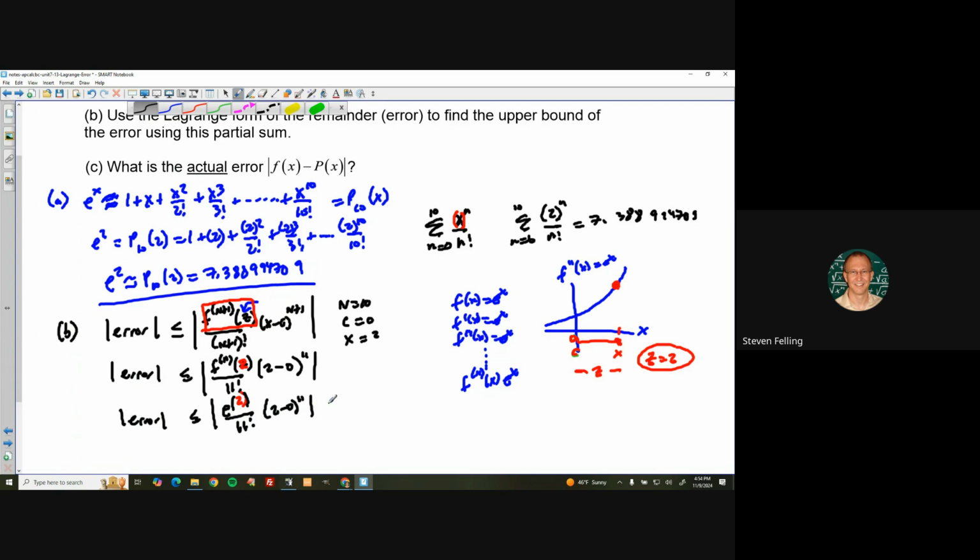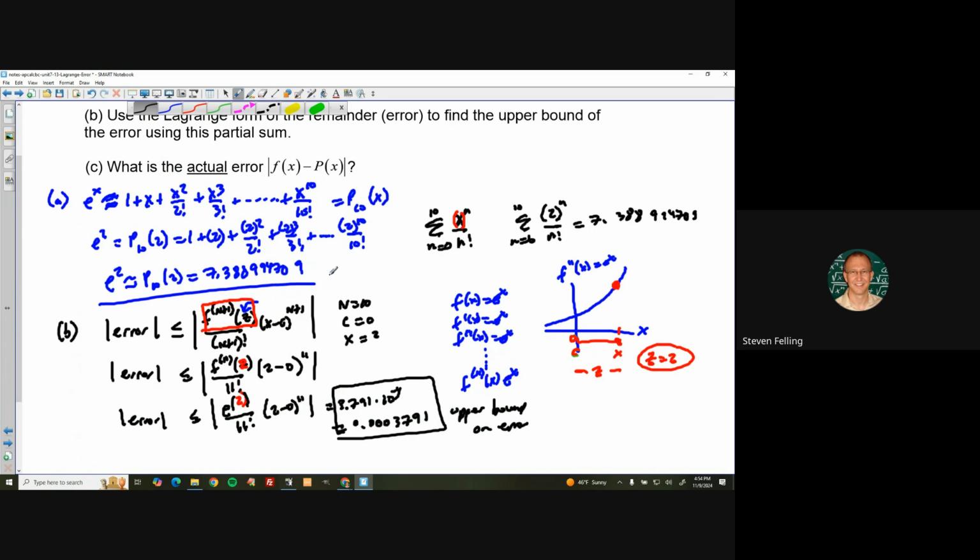In the calculator, this turns out to be equal to 3.791 times 10 to the negative 4th, or 0.003791. So this is the upper bound on the error.